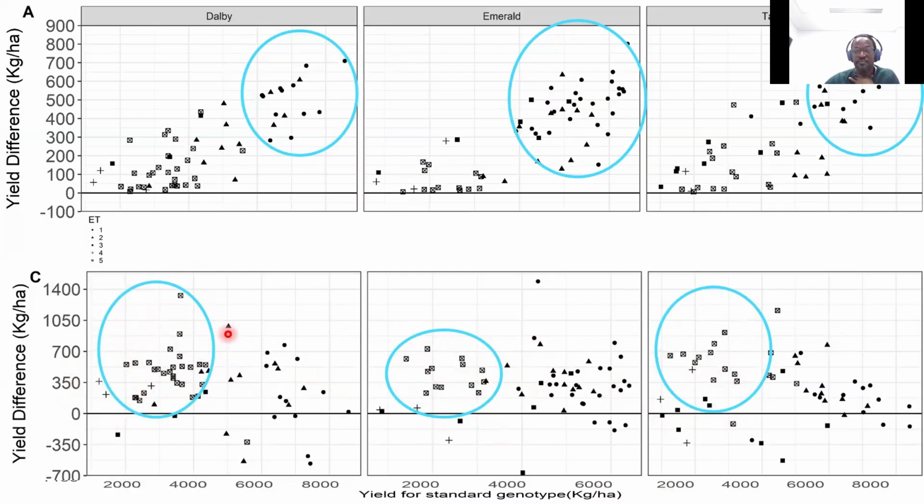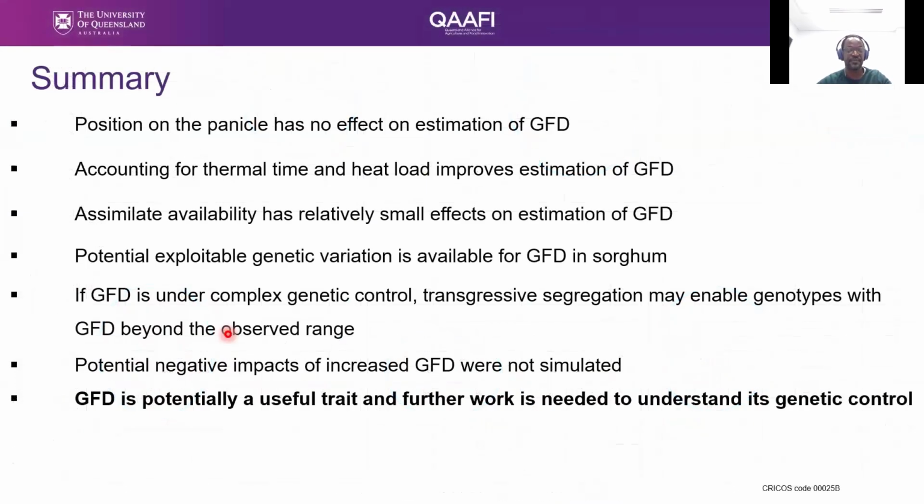season. So to summarize, we established that the position on the panicle basically has no effect on the estimated grain filling duration, provided the sampling is consistent. If we are sampling consistently from the primary spikelets, then we don't get any differences of grain filling duration estimated across the panicle.